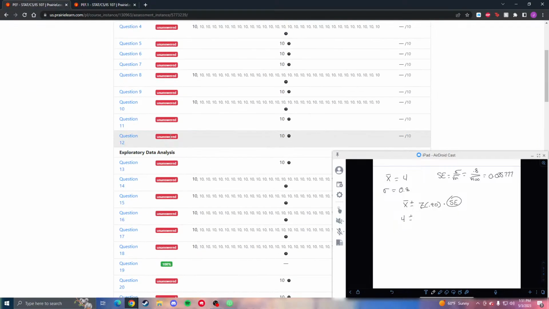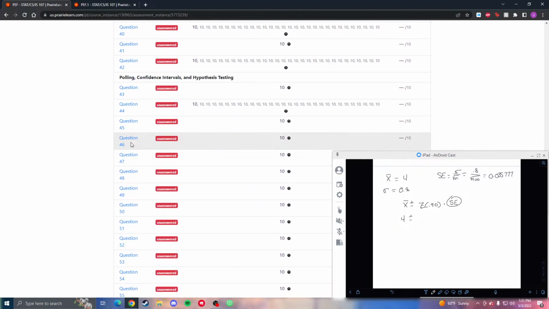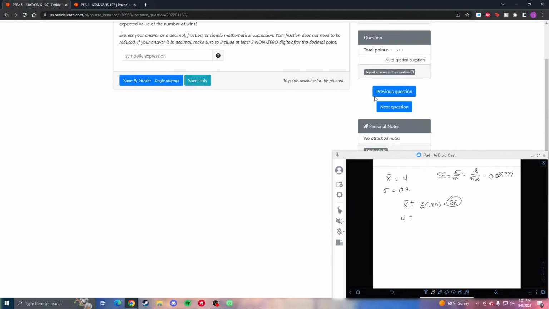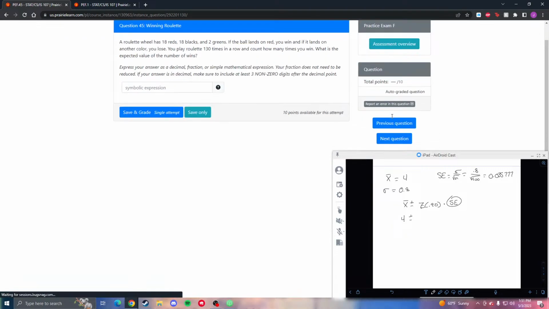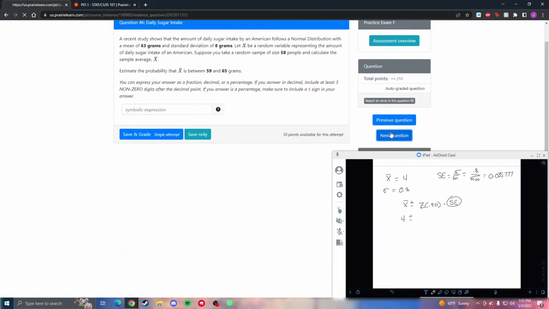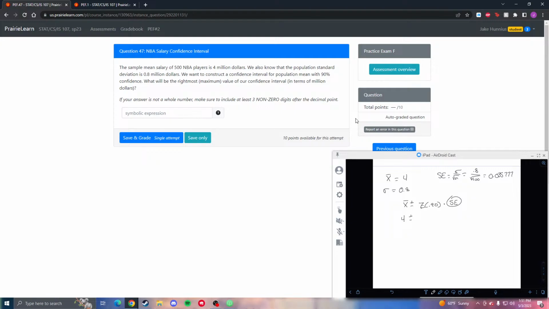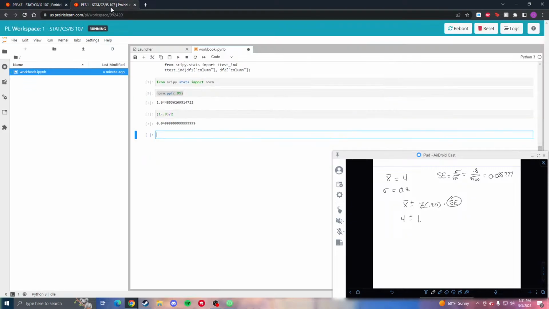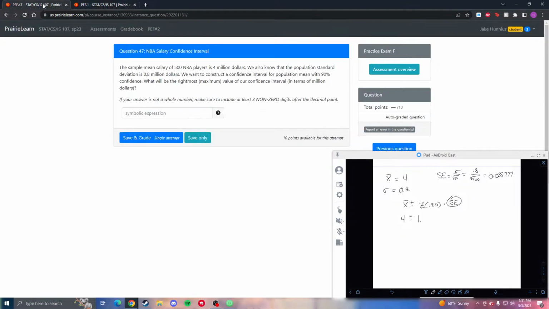So now that we have that, I just got to find the question again. All right, so it was 1.65 times 0.035777, and it wants our rightmost, the maximum value of our confidence interval.